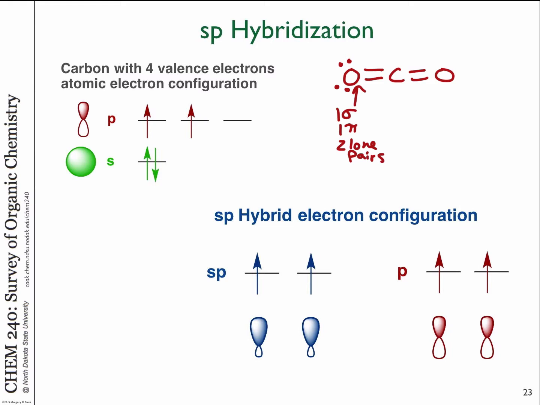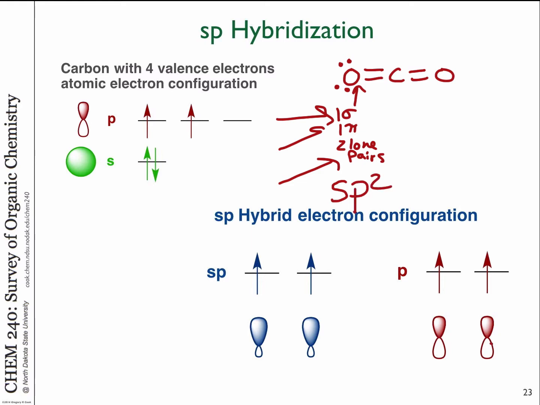So the lone pairs have to be in a hybrid orbital. That's something else to remember. Lone pairs of electrons are often in hybrid orbitals. So we have a sigma bond, which is a hybrid orbital, two lone pairs, which are in hybrid orbitals, and one pi bond, which has to be from a p. So oxygen has to be sp2.